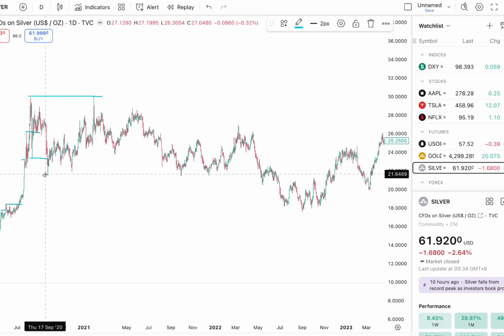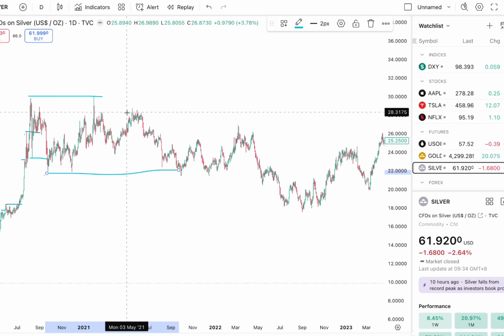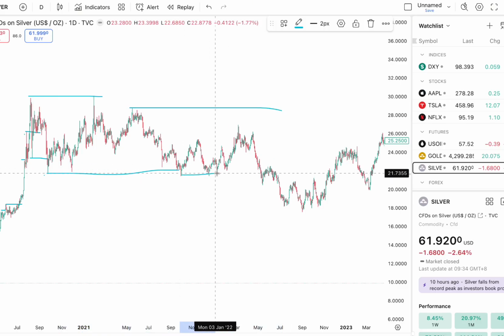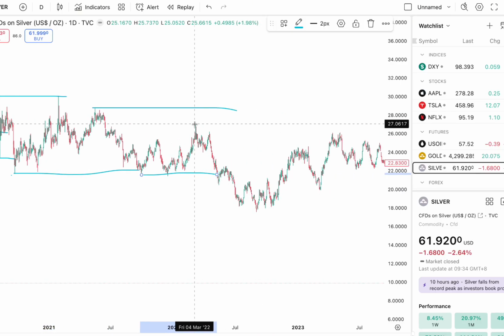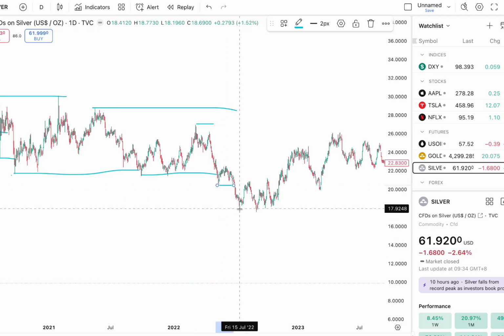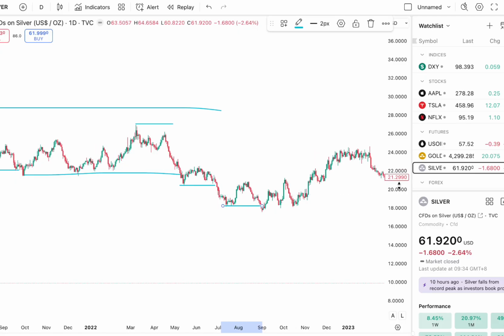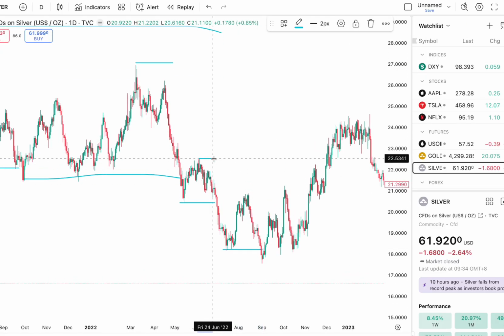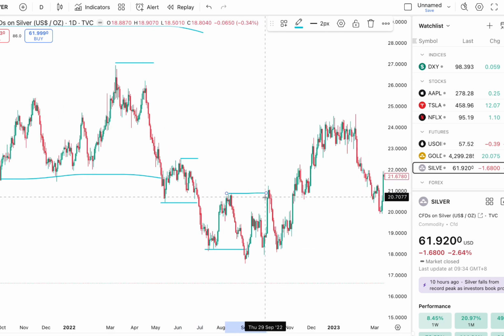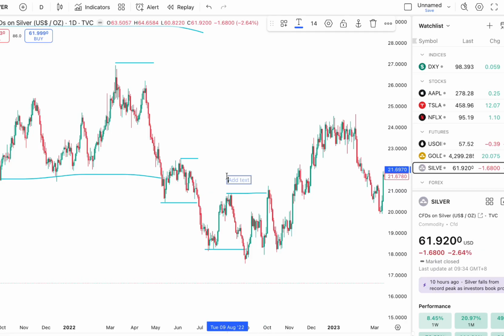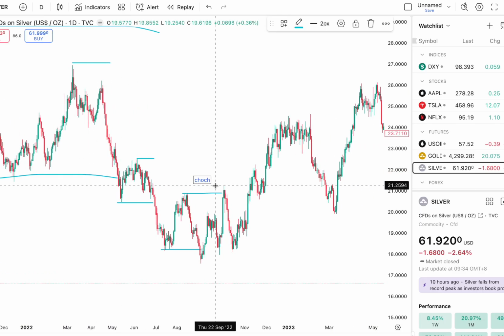From that point onwards, it made lower lows. But as it's making lower lows and lower highs, lower high, lower low, lower low, lower high, look, when price took out that high, and I've built an indicator to help me with all this to see the market structure.